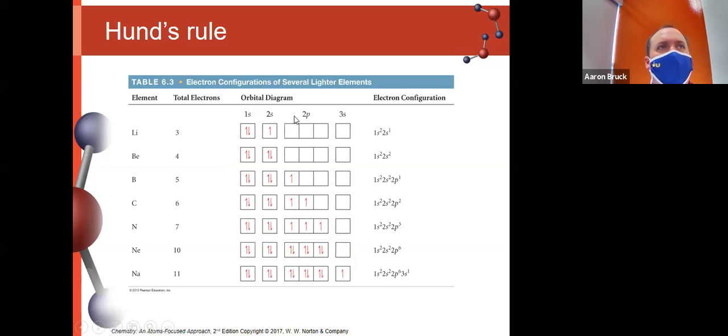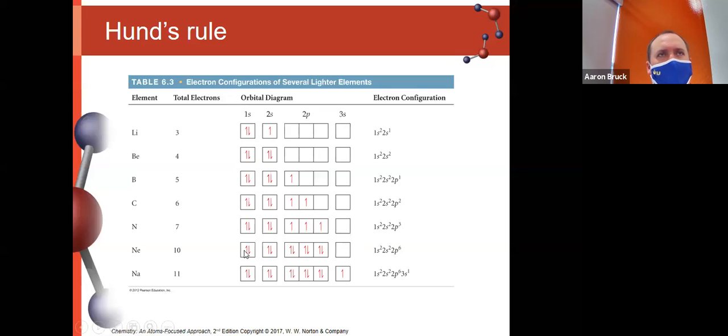The p sublevel has 3 orbitals in it, so we see it depicted as 3 boxes or 3 underscore lines. The d would have 5 boxes, the f would have 7 boxes, because that's how many orbitals are in each of those sublevels.